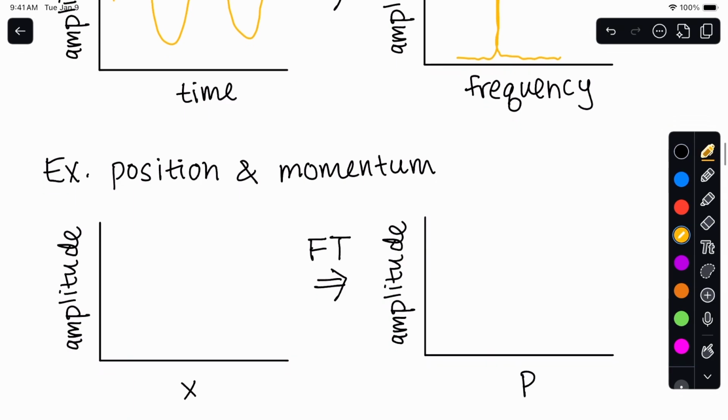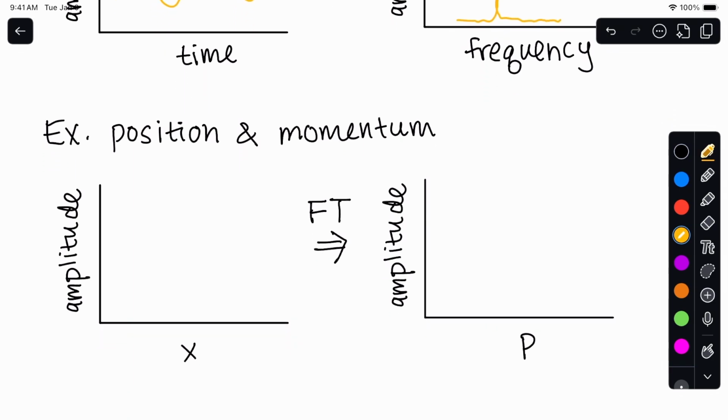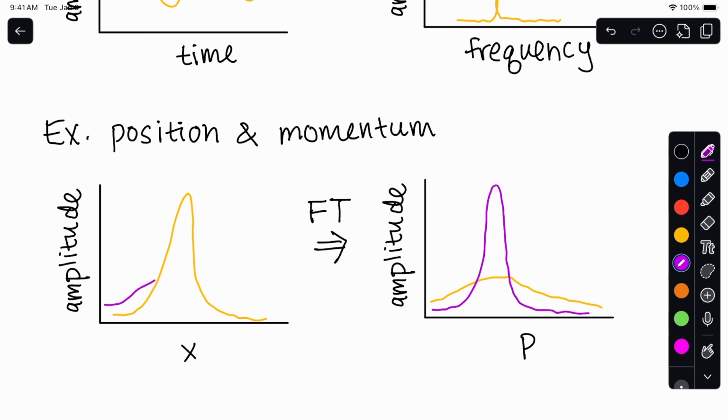And there's a notion of uncertainty between position and momentum. So if you're pretty sure about where your electron is, your wave function is sharply peaked around some value of x, then you're going to be pretty unsure about the momentum of your particle. And conversely, if you're pretty certain about the momentum of your particle, then you'd be pretty uncertain about the location of your particle.